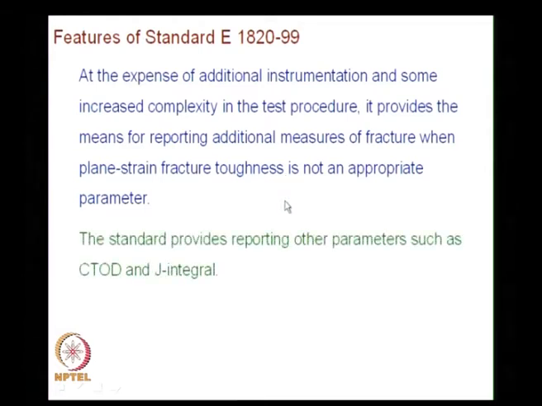And what it does is, the standard provides reporting other parameters such as CTOD and J integral. So, these are meant for essentially elastoplastic fracture mechanics. So, you do not give up, you try to get other fracture parameters from the test.